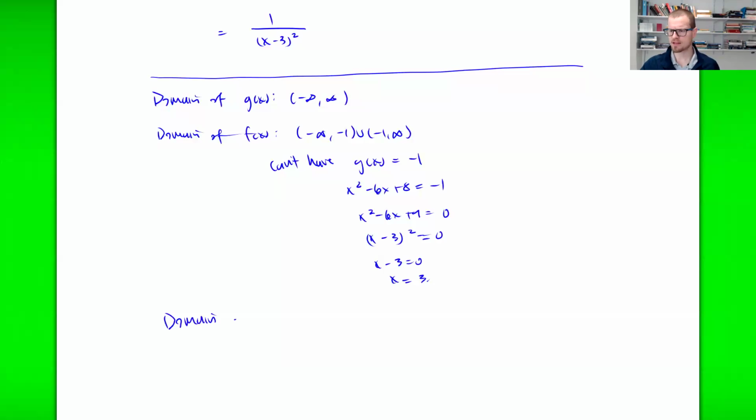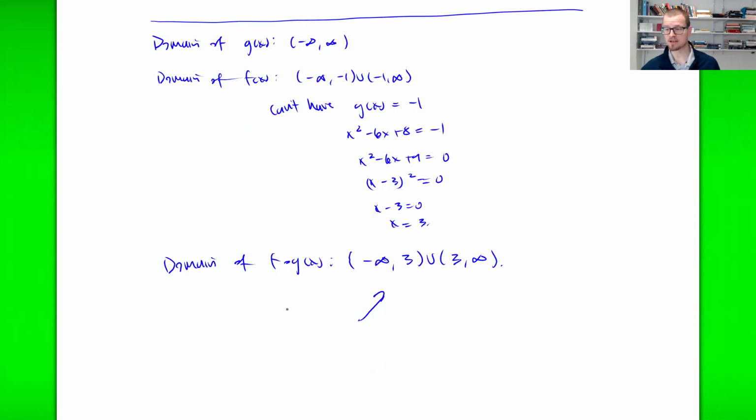So for the domain of the composition, f of G of x, I can take the domain of G and simply remove the thing that's going to land me outside of the domain of F. So I end up with -infinity up to 3, don't include that, and then from 3 to infinity. So I've taken the domain of G and I have removed what lies outside of the domain of F.